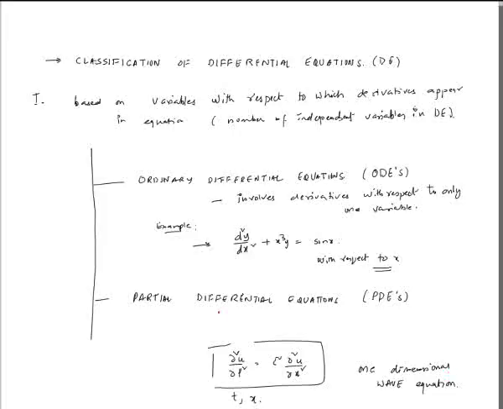So you can say partial differential equations are the ones which involve partial derivatives of the unknown function. The unknown function is what you need to find when you want to solve. That's why I'm calling it the unknown function, or the dependent variable y. Here it is u in the example I gave you for the PDEs. It involves partial derivatives of the unknown function with respect to more than one variable. So here you have time and x.